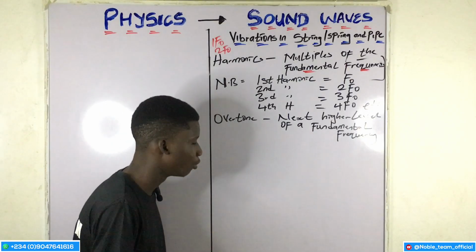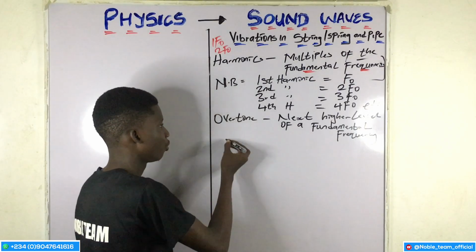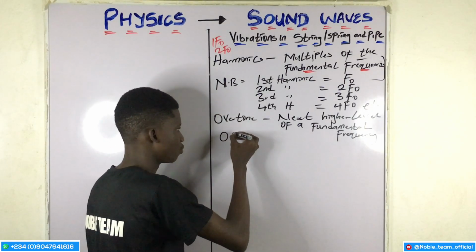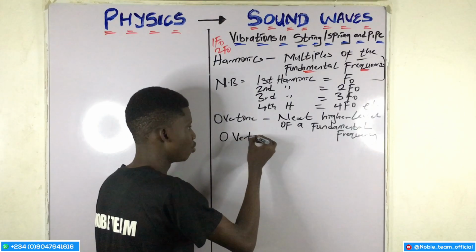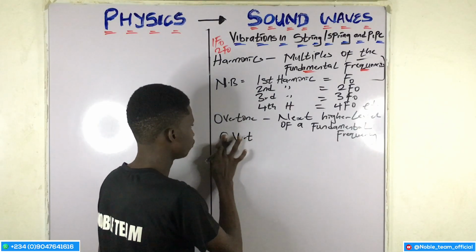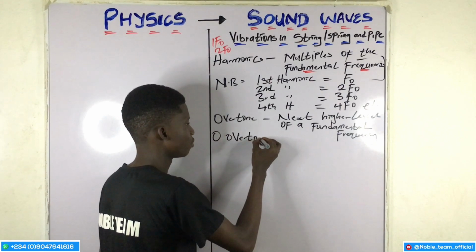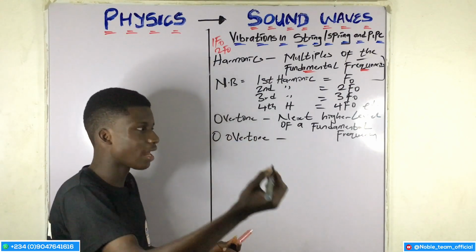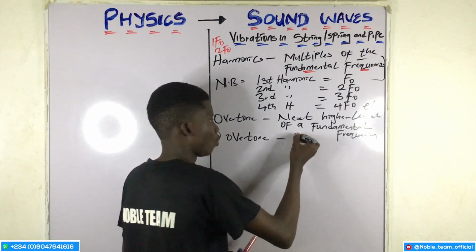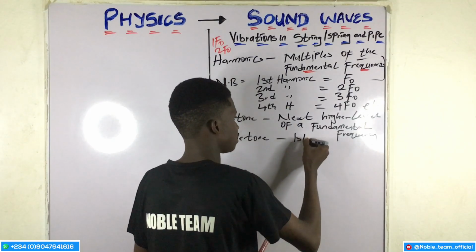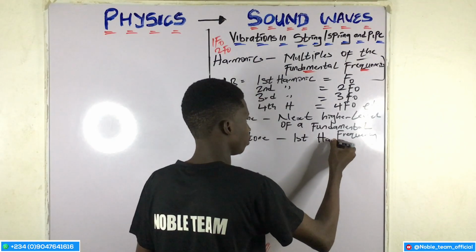Now what am I trying to say in essence? For example, listen, I have 0/2. This is 0/2. So the next higher level is going to be the first harmonic.